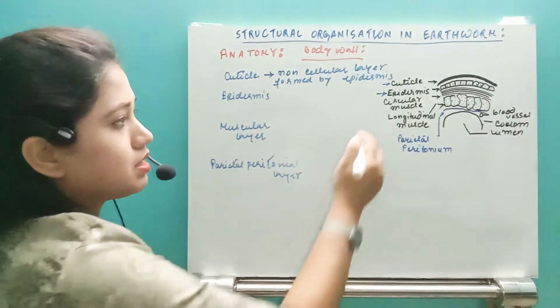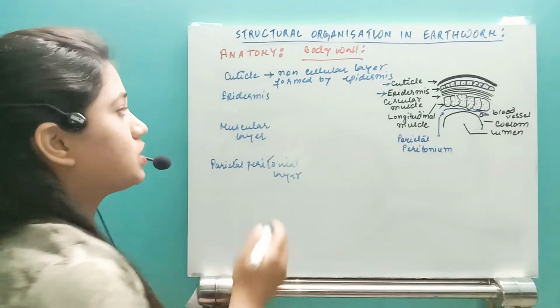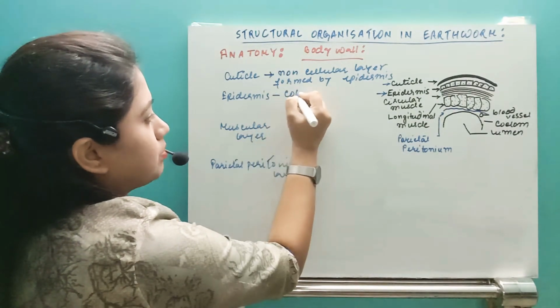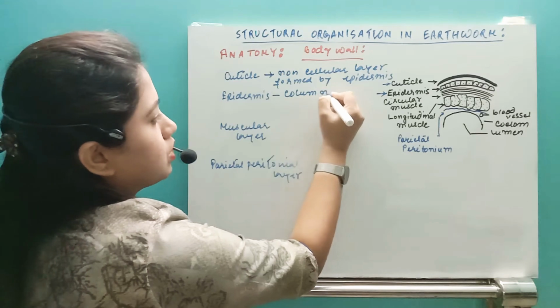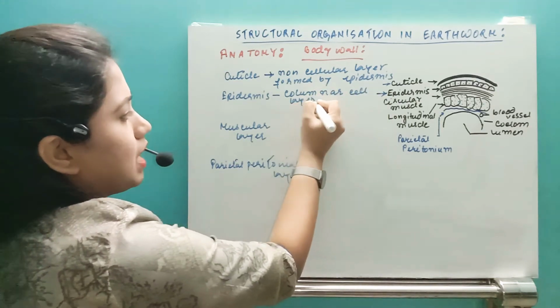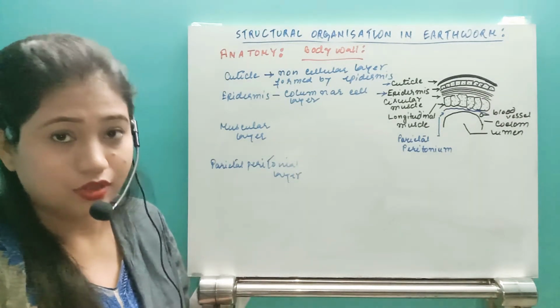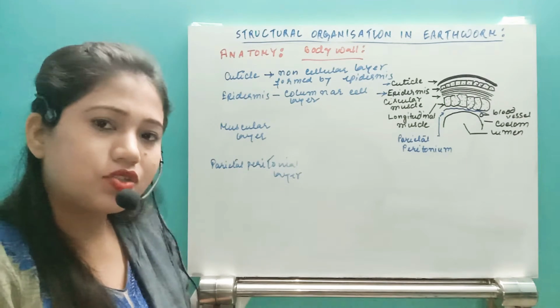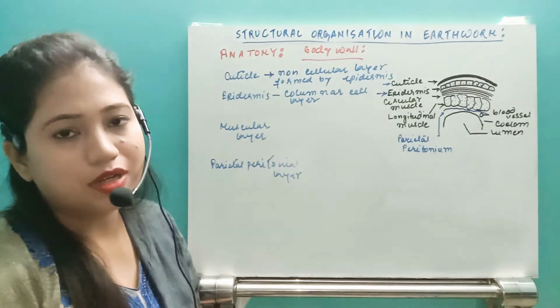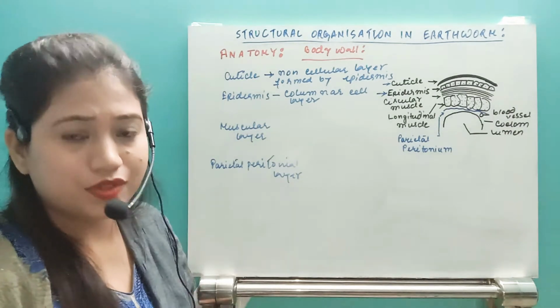Next one, what is the epidermis? This epidermis, though it is seen very small, but actually it is not. This is a columnar cell layer. Okay, so it is the columnar cell layer. So in this epidermis layer, how many different varieties of cells are found? This epidermis is not made up of only the columnar epithelial cells, but along with that various varieties of cells are there.